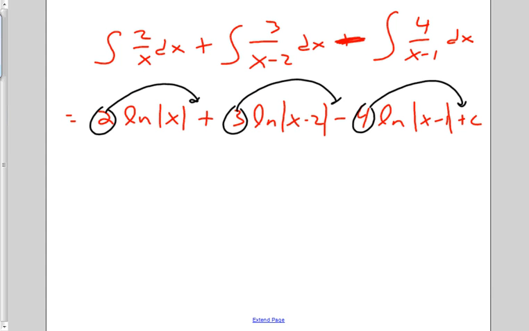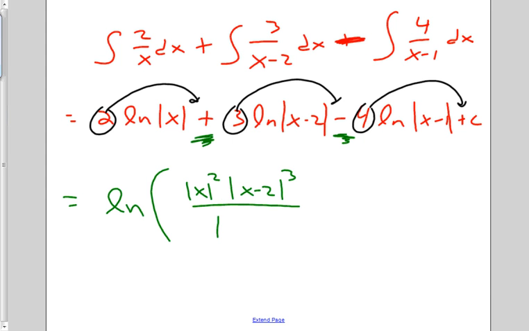And we're adding these logs and subtracting that log, so we're going to be multiplying and dividing. So we get the ln of x squared times x minus 2 cubed all over x minus 1 to the 4th, plus C.